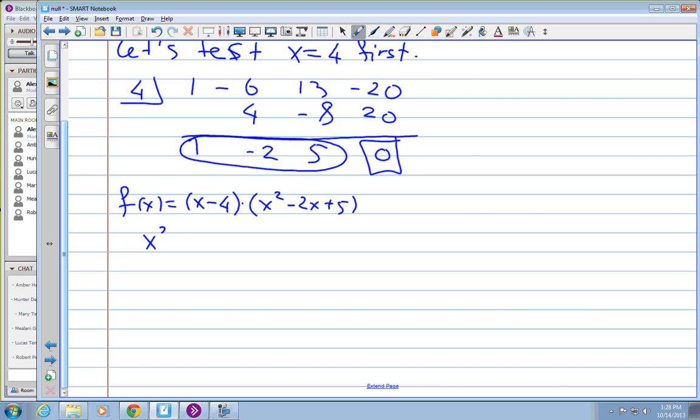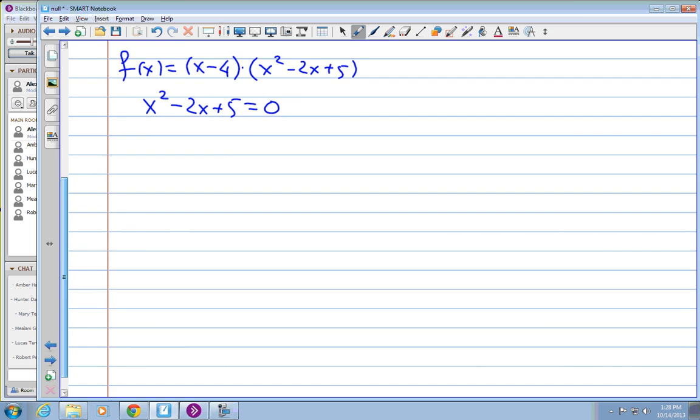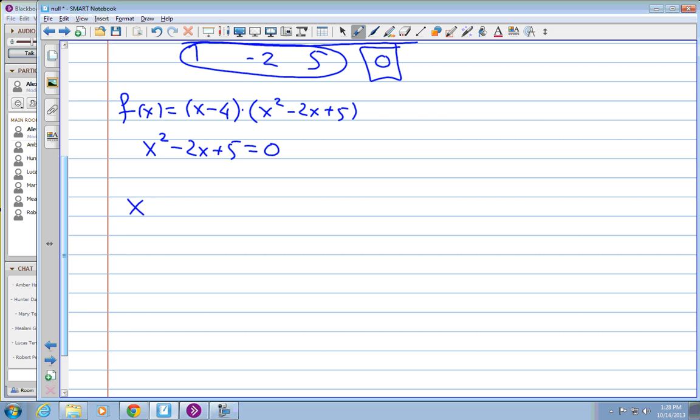So if I do that, x squared minus 2x plus 5, set it equal to 0, I cannot factor that, so I'll probably use the quadratic formula. So negative b gives me positive 2 plus or minus the square root of b squared, so that's 4, minus 4ac, over 2a.